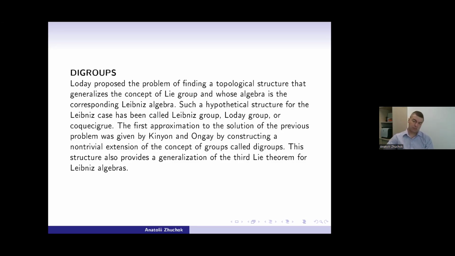The first approximation to the solution of the indicated problem was given by Kinyon and Weinstein by constructing a concept which generalizes groups and is called D groups. So this structure provides a generalization of the third Lie theorem for Leibniz algebras.